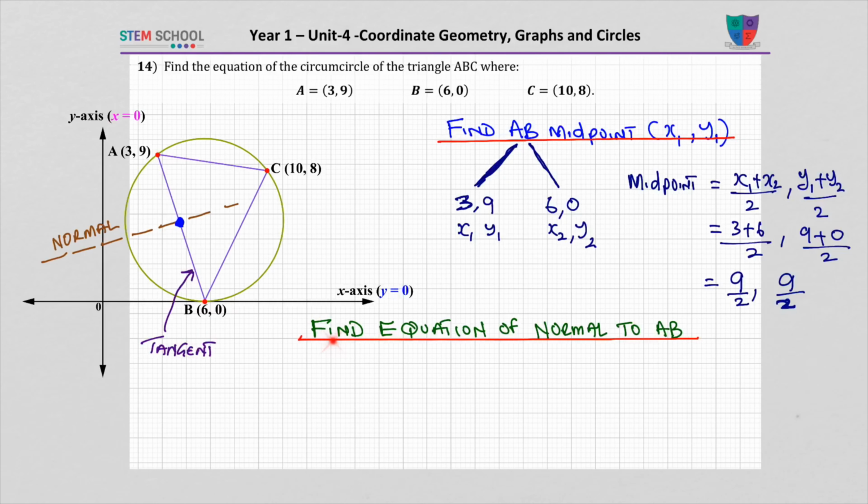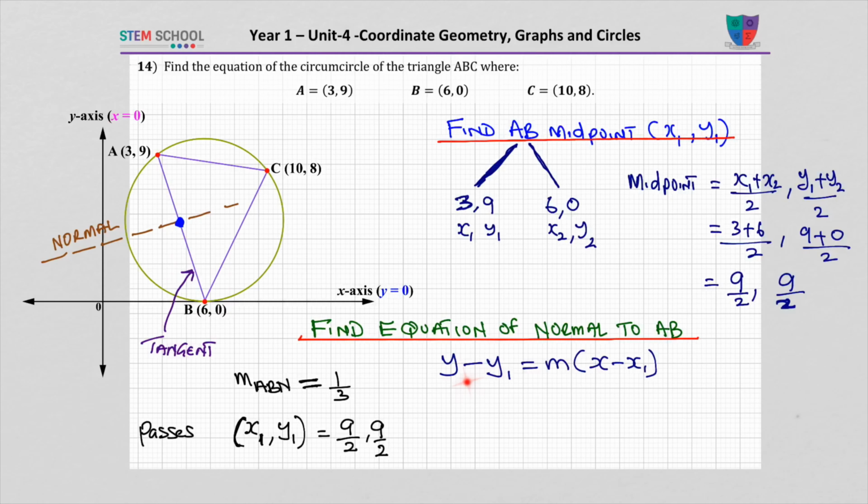Now to find the equation of the normal to AB, we have its gradient, and we've got the point that it goes through, so it's easy to find. MABN, the gradient of the normal, is equal to 1/3, and it passes through x1, y1, which is the midpoint of AB.